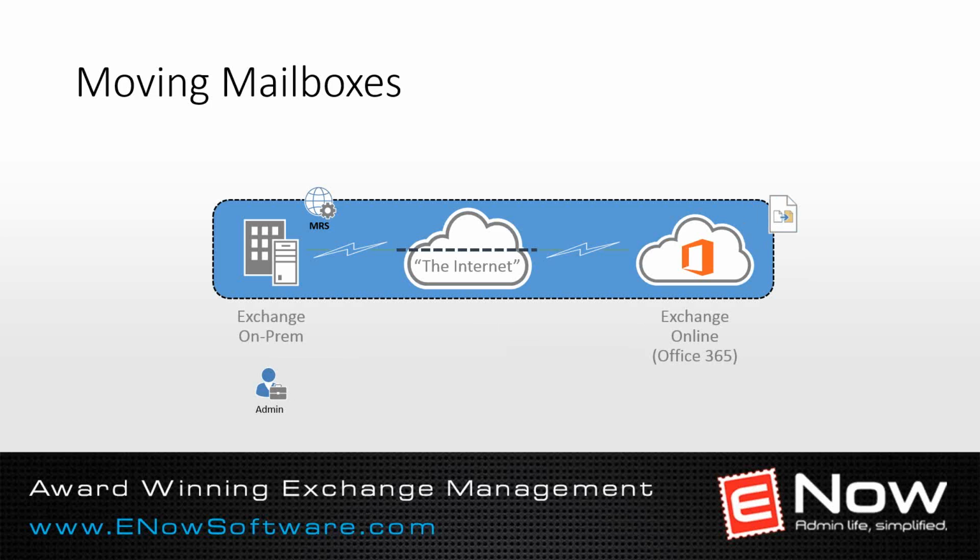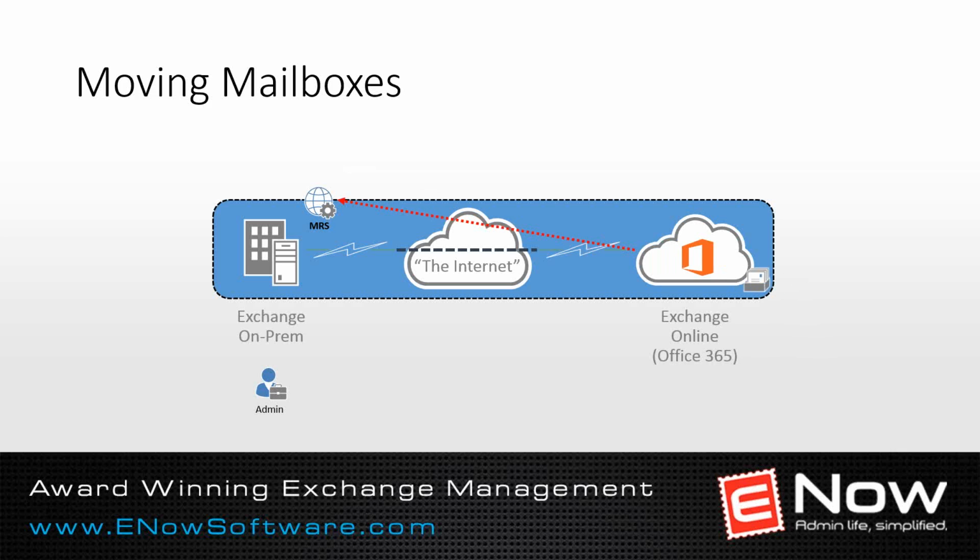But what actually happens is that the remote move is initiated from Office 365. Exchange Online makes an inbound connection to your hybrid server, the one designated as a bridgehead between your on-premises environment and Exchange Online, and it then pulls in the data through the Mailbox Replication Service proxy to Office 365.